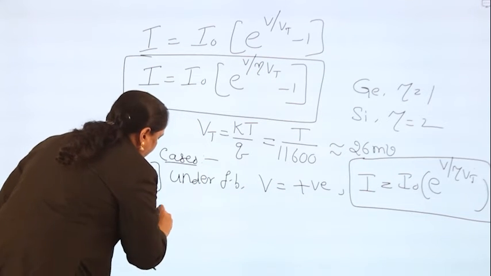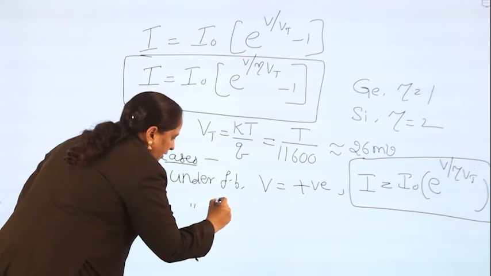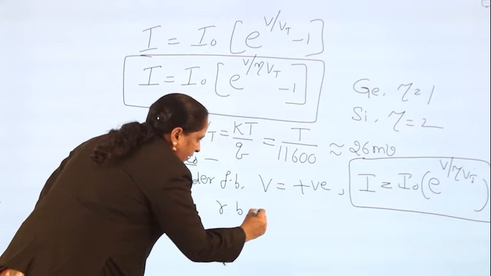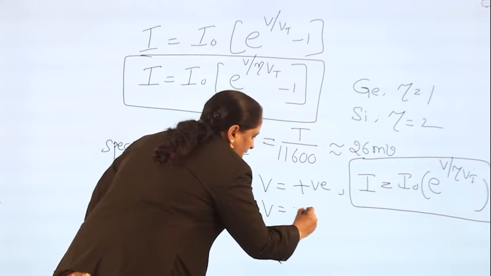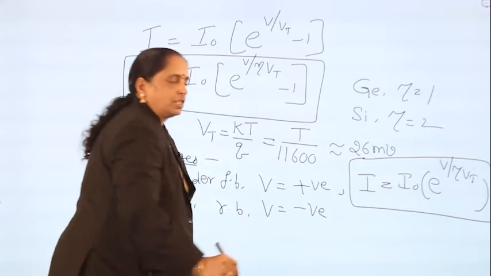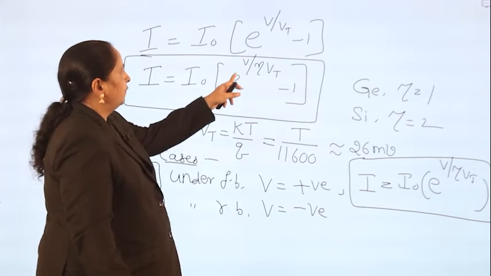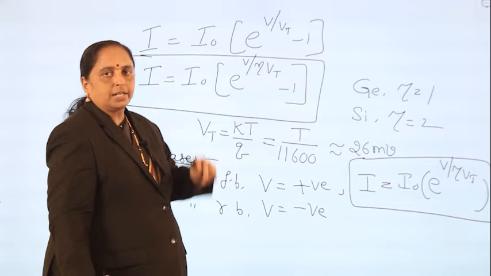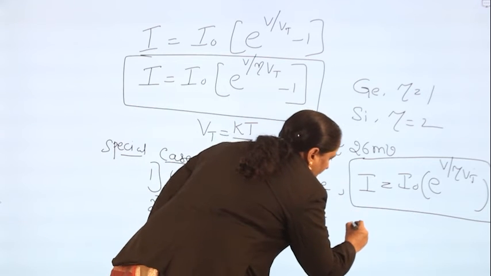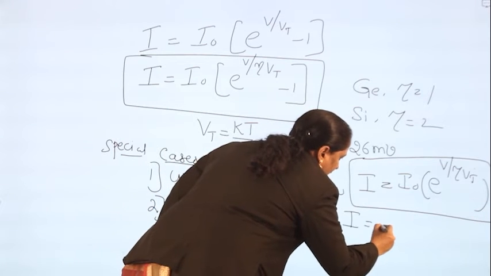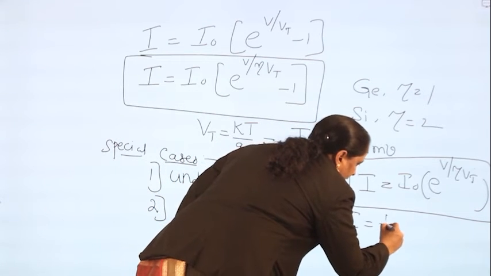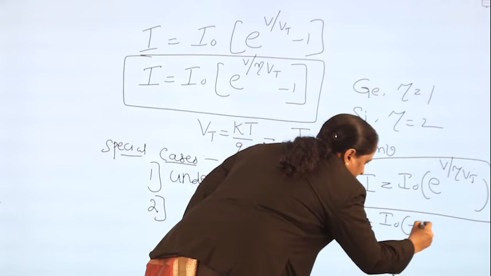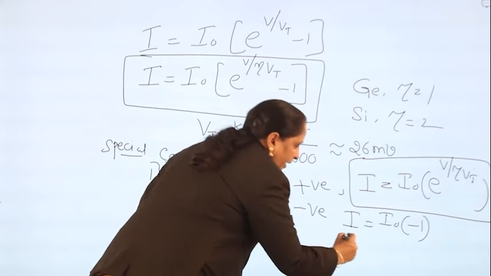So this is a very valuable equation for solving a large number of problems. And the second case, under reverse bias condition, the applied voltage is considered negative. Reverse voltage you are applying, that is, V is negative, the first term will be lesser than this minus 1. So the final formula will become I is equal to I naught into minus 1, because the second term will be the greater one.